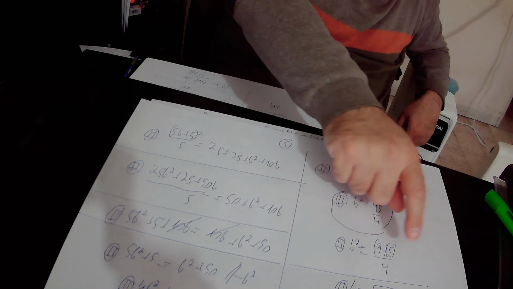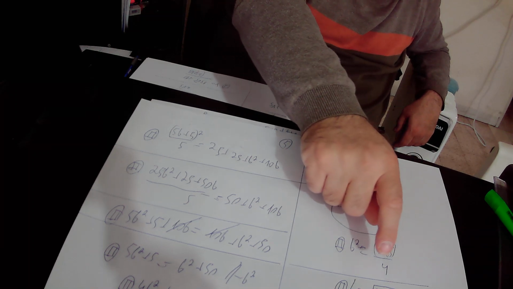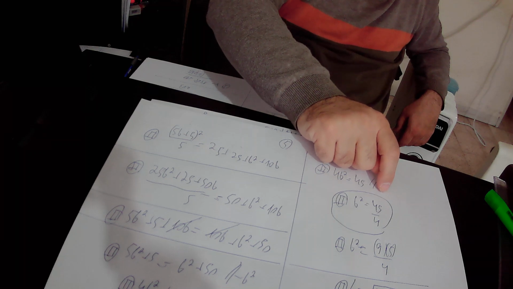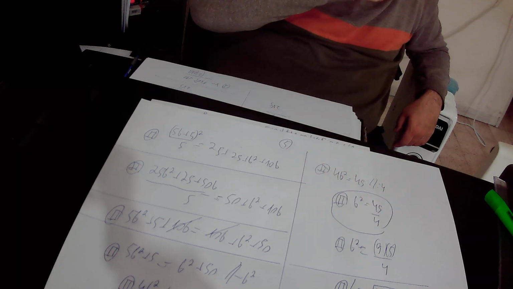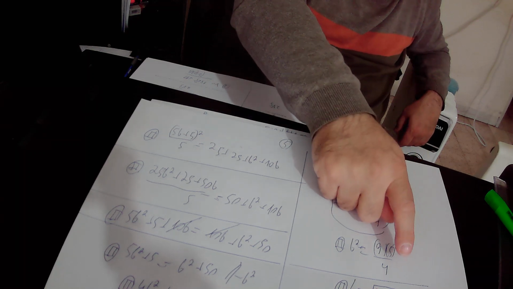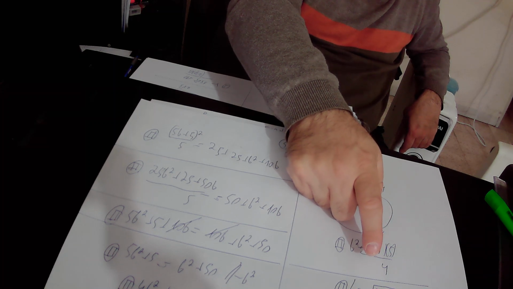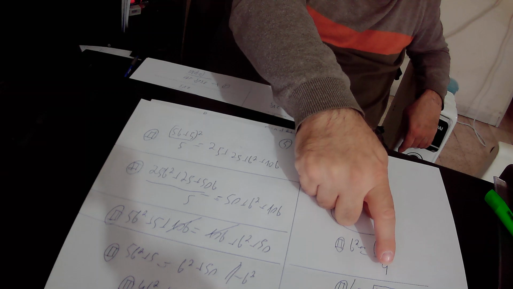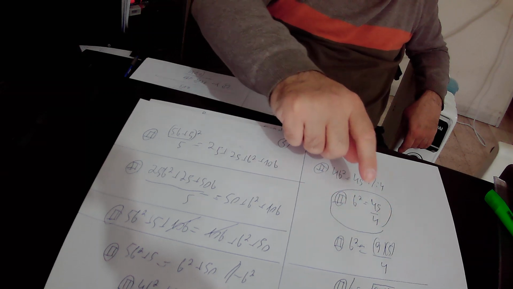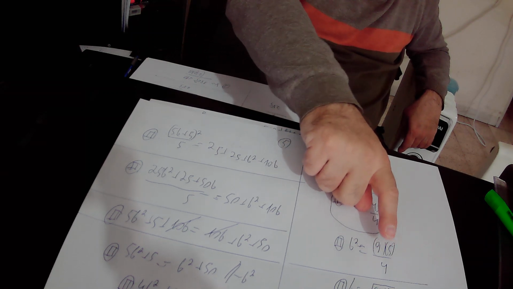The square root of 9 is 3, and the square root of 4 is 2. So 3 over 2 is outside the root. Inside the root we are left only with 5. So in total we found out that b equals 3 times square root of 5 over 2.